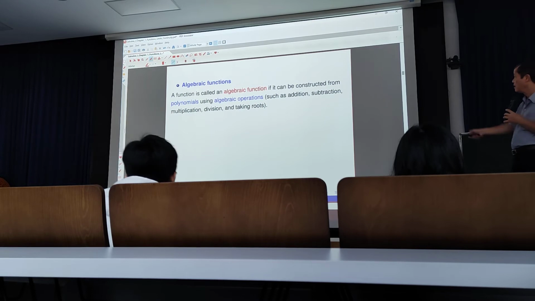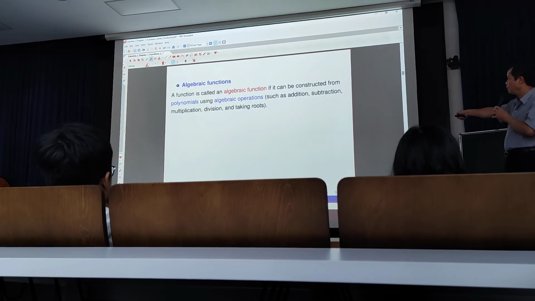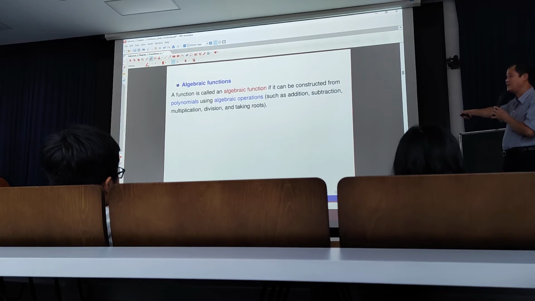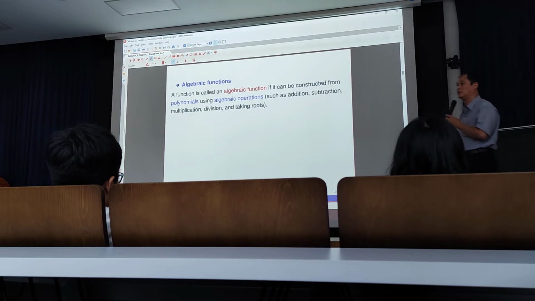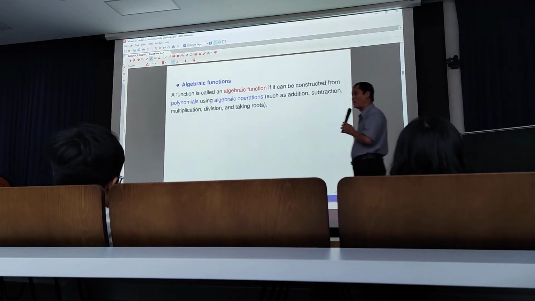Algebraic operations: addition, phép cộng, subtraction, phép trừ, multiplication, division, and taking roots là căn.